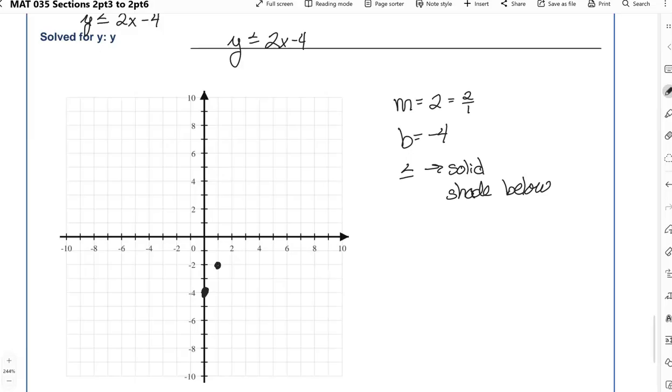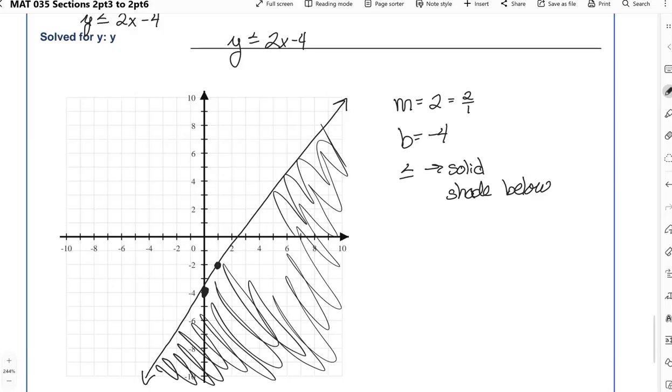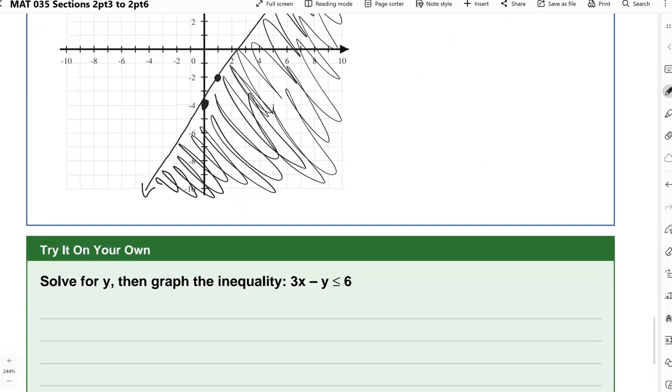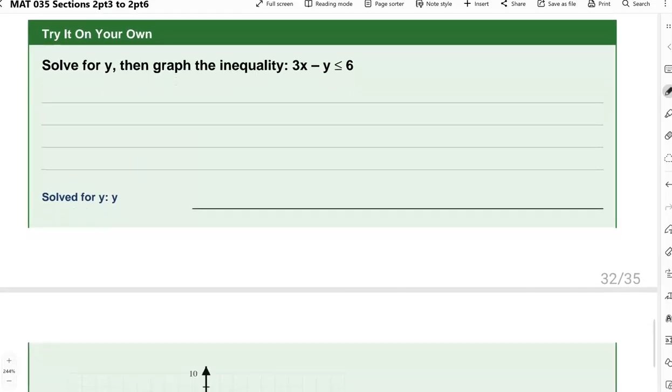I'm connecting those with a solid line because of the equal to part in the inequality. That means any point on that line satisfies that inequality, as well as anything below. I'm going to shade everything below the line. So there's my answer.